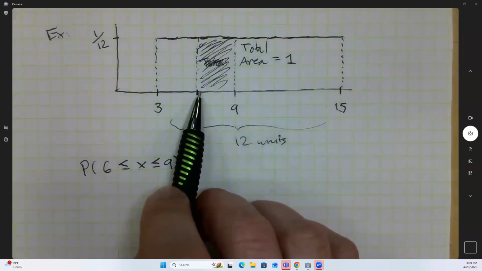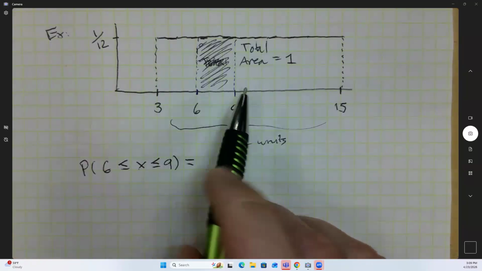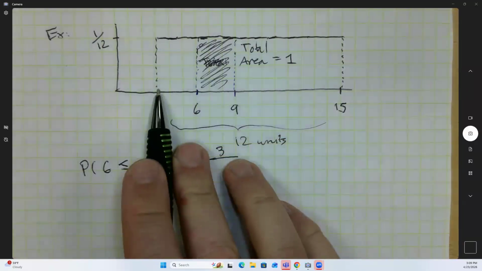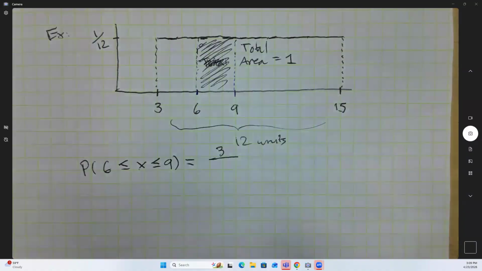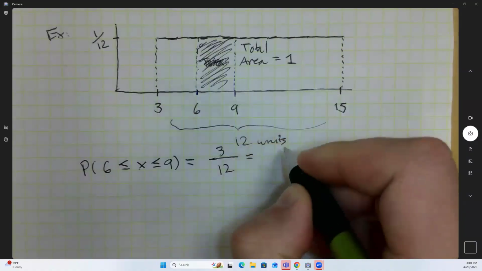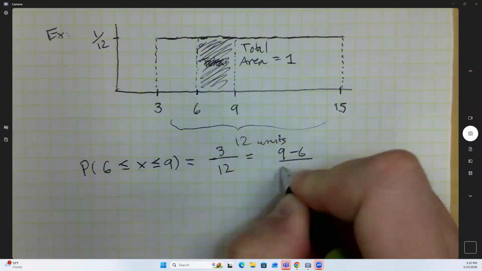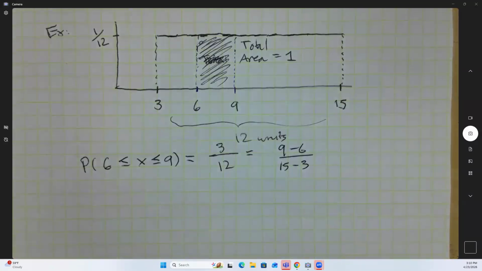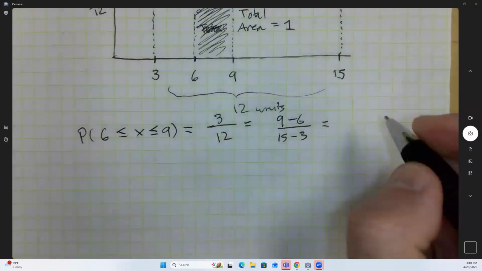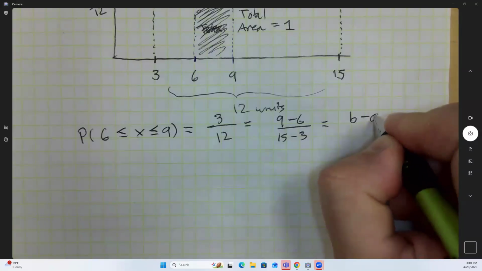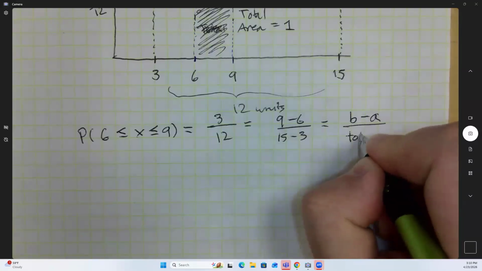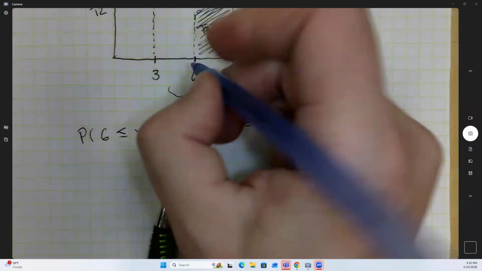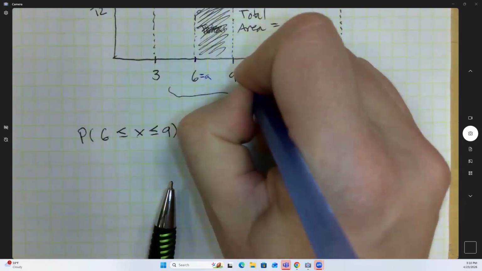All I have to do is say it's this distance, which is 3, divided by the total distance, which is 12. In particular, it's 9 minus 6 over 15 minus 3. Or if you want to think about it this way, it's b minus a over the total length, where 6 is a and 9 is b.